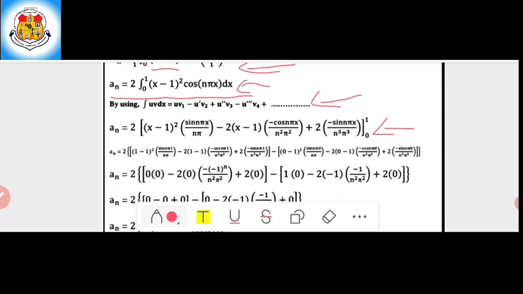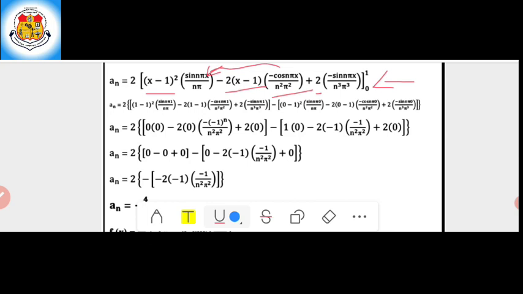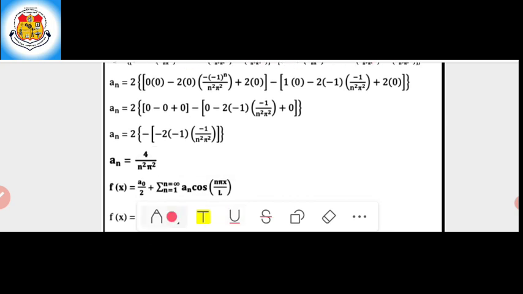So an is equal to 2 times bracket (x minus 1) whole square, we keep u as it is, the integration of v, sin n pi x upon n pi, minus we take the derivative of the polynomial 2 into (x minus 1), the integration of this v1 which is minus cos n pi x upon n square pi square, plus 2, that is the derivative of the polynomial, into minus sin n pi x upon n cube pi cube. By applying the limits and simplification we get the value of an as 4 upon n square pi square.